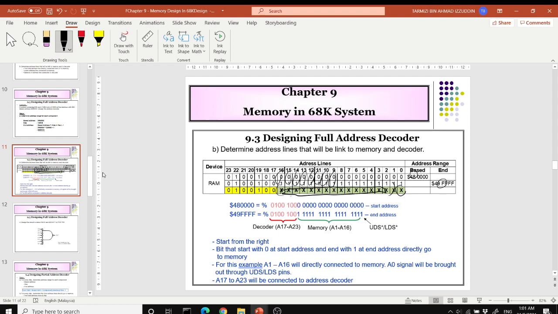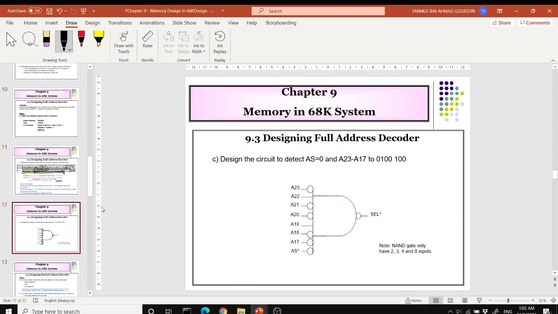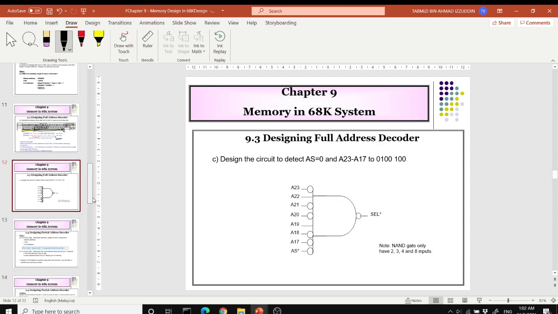Your final E0 here, again, is connected to UDS and LDS. And then for a full address decoder, you use the remaining address bits to be connected to your decoder. In this case, the easiest decoder we can think of is using a NAND gate.